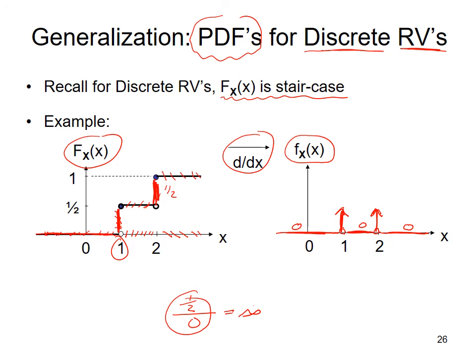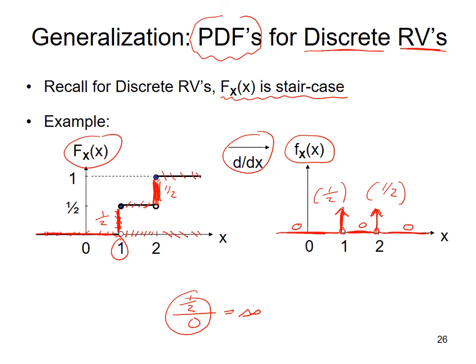Now the way we capture the height of the jump, because somehow we want to quantify the size of the jump with these delta functions, is by saying the area of these deltas is the size of the jump. So the size of this jump was 1/2, so therefore this is a delta with area 1/2. The second one also is going to be a delta because it's infinite height, but the area under the curve has to be 1/2, the size of the jump.